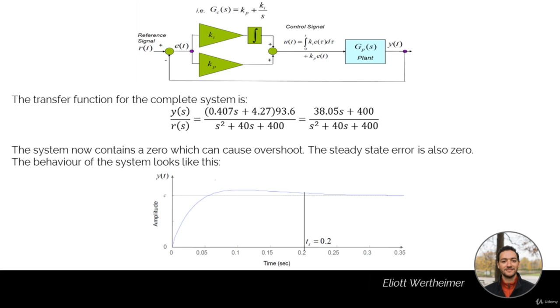So the system now contains a zero, which can cause an overshoot. That zero is due obviously to the s present in the numerator. And this is exactly what we observe when we plot the response of the system. There is an overshoot. The amplitude of the response is higher than our reference input.